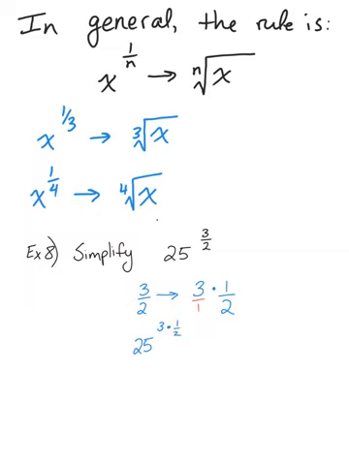Well, thinking back to our exponent rules, which rule tells us to multiply what we have in our exponents? This is actually power of a power. So I could simplify or rewrite this even more.